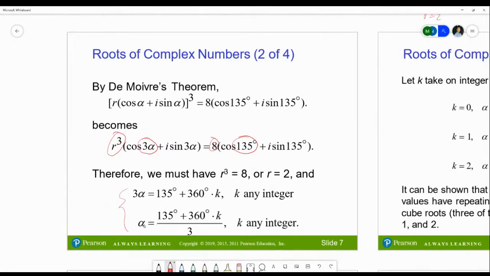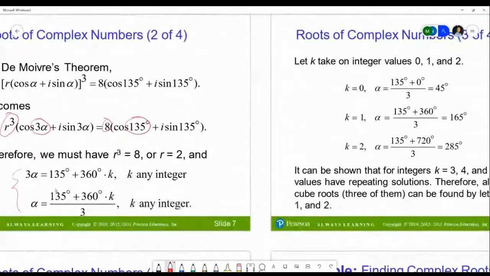To solve for alpha, we basically just divide the following. Now notice that we have to do 360 k because we need to find all of the possible angles or possible roots that will give us the roots for the complex number.